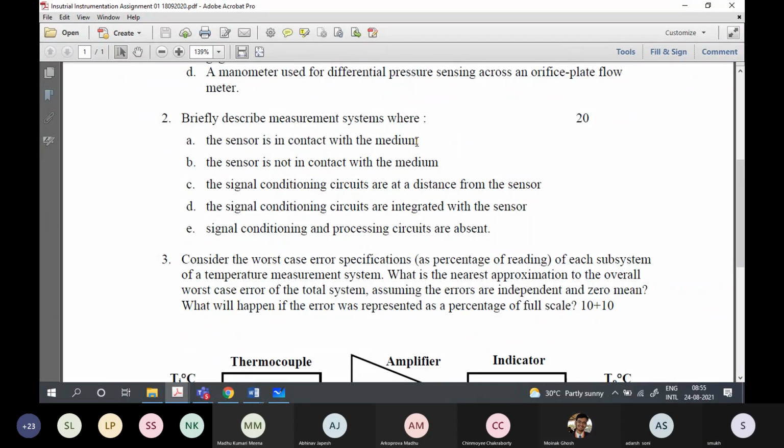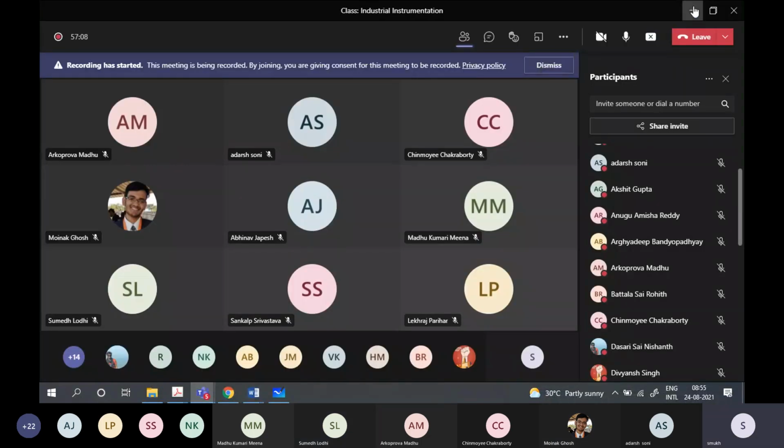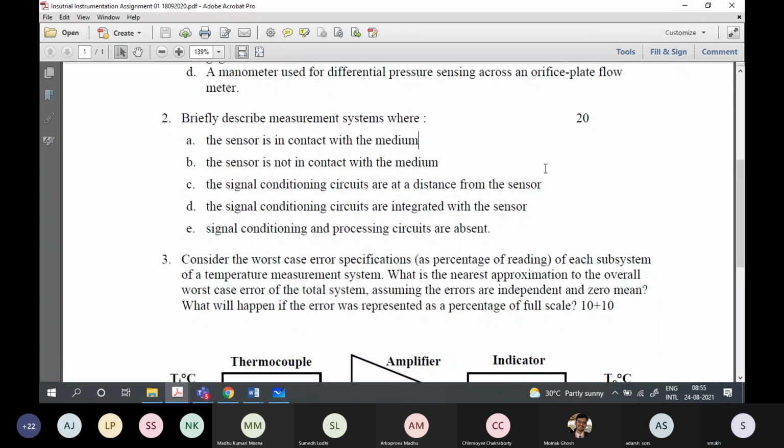Temperature. But a thermometer also measures temperature. First of all, temperature is not a sensor. Which sensor are you talking about? Sir, infrared temperature sensor. Yes, infrared temperature sensor, laser position measurement. These are all sensors not in contact with the medium.